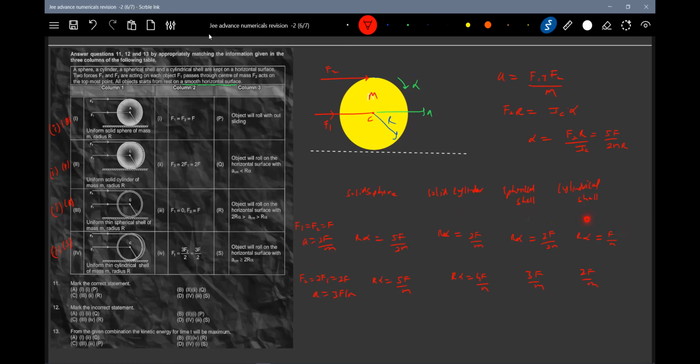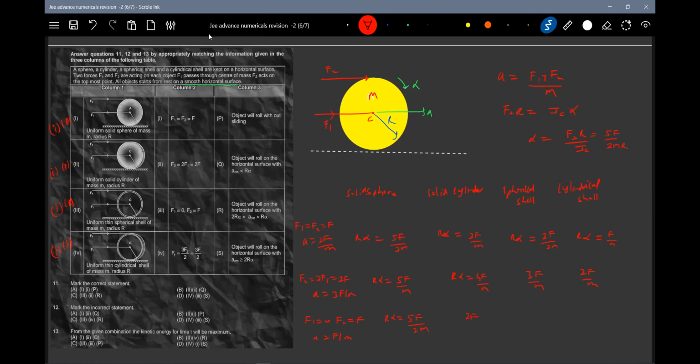Actually, I wrote for everyone, not needed. Okay, now last one, F1 0. Acceleration is F by M. Okay, R alpha will be 5F by 2M.